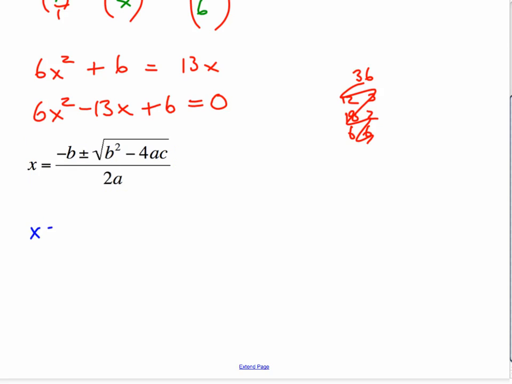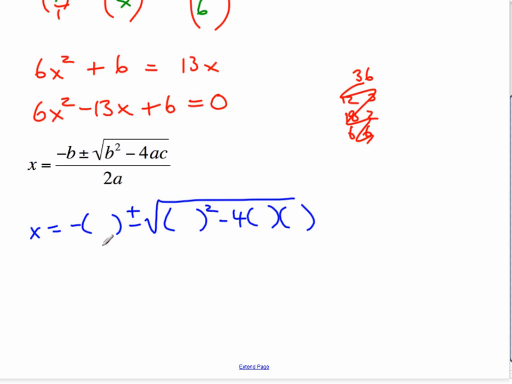So my formula says x equals minus something plus or minus the square root of something squared minus 4 times something, all over, and notice that line goes under all of that stuff, 2 times something.